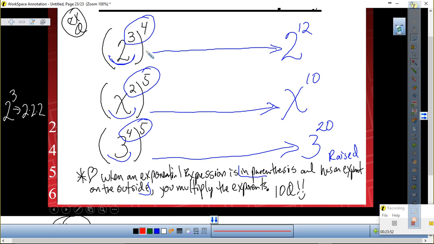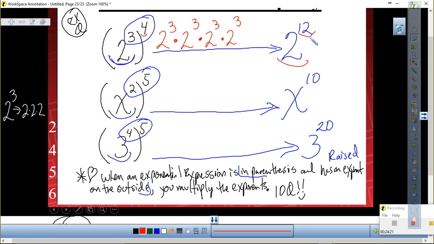What does this mean? 2 to the 3rd power, how many times? 4. 2 to the 3rd, 2 to the 3rd, 2 to the 3rd, 2 to the 3rd. Now, what does this look like? Product of powers property, doesn't it? Are these the same base? What happens to the exponents? Add: 3 plus 3 plus 3 plus 3.